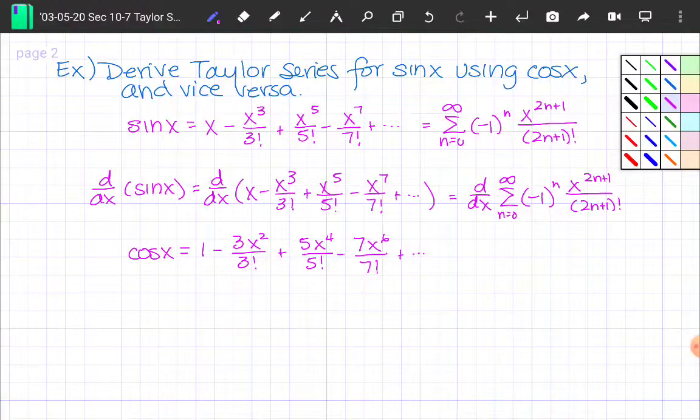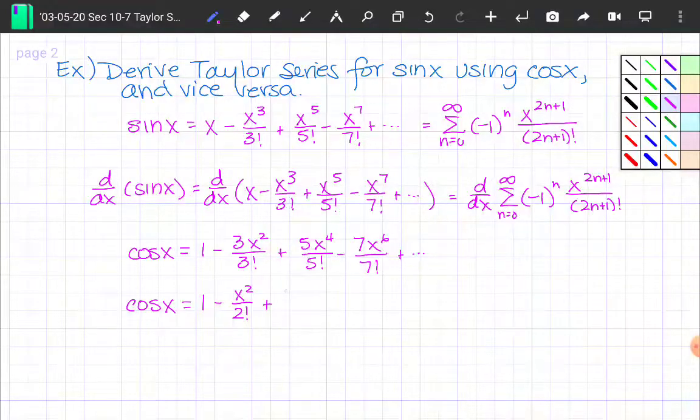And I'm going to hold off on the other thing, but we can simplify this a little bit because there's a 3 as a factor on the top and a 3 as a factor on the bottom. When I cancel out the 3's, I'm left with 2 factorial on the bottom.